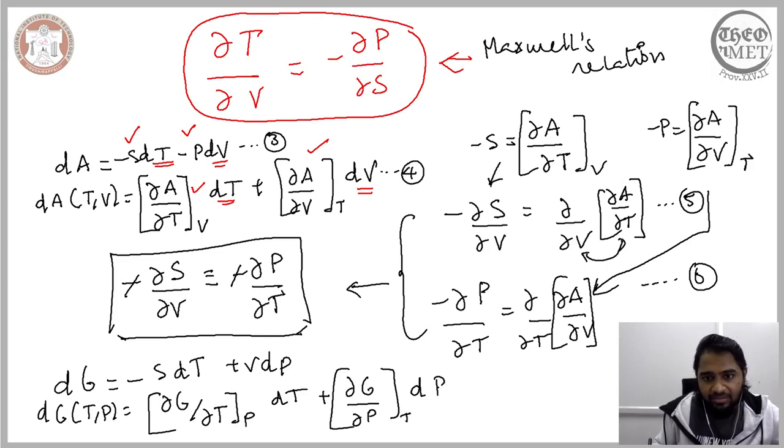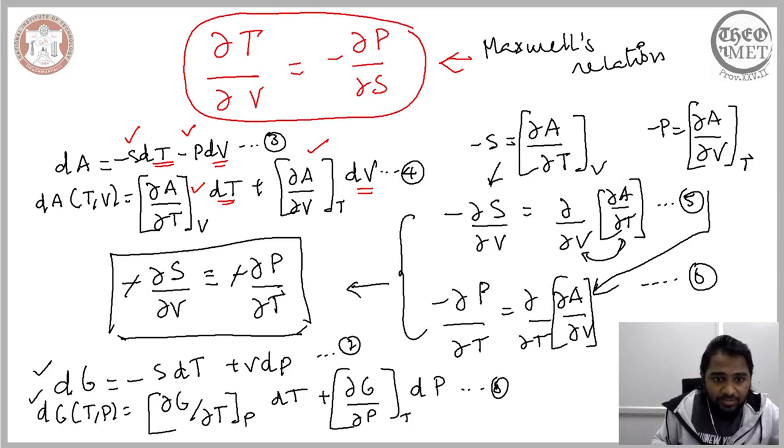Now then again we see the left hand side of the equations are these two equations. Let us call them 7 and 8. So the left hand side of these two equations are equal, and we also find that there is dT present on the right hand side and dP present on the right hand side.